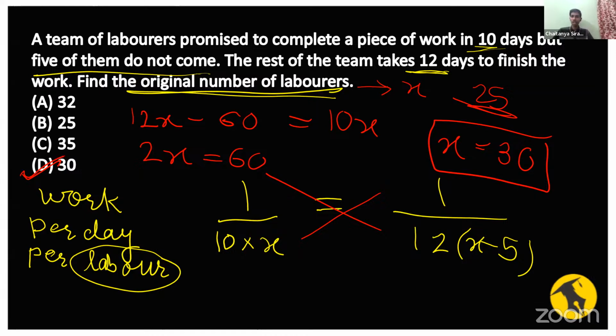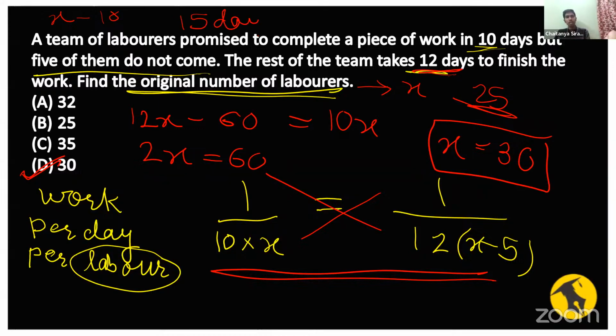All right, I hope the logic is clear. Again, the key concept here is you need to remember the work per day per laborer will be equal in any case. Let's say it had been given that 10 laborers did not come. Then they would have taken a few more days, let's say 15 days.